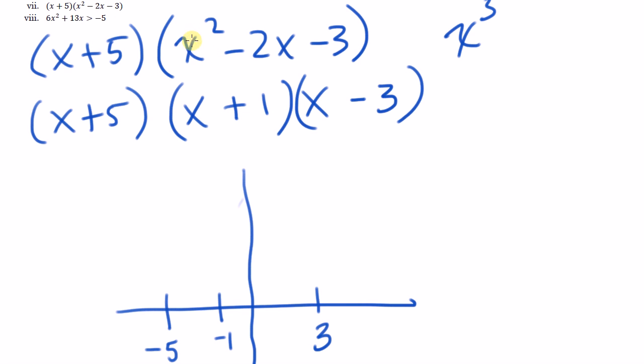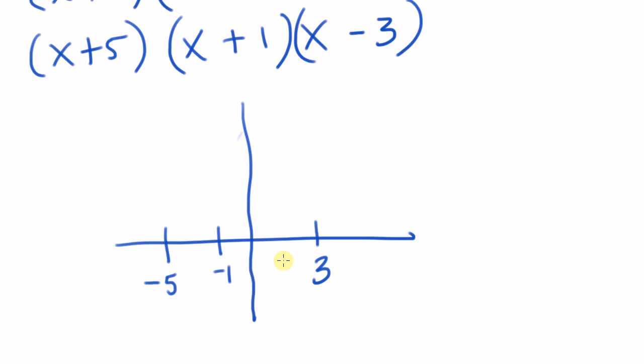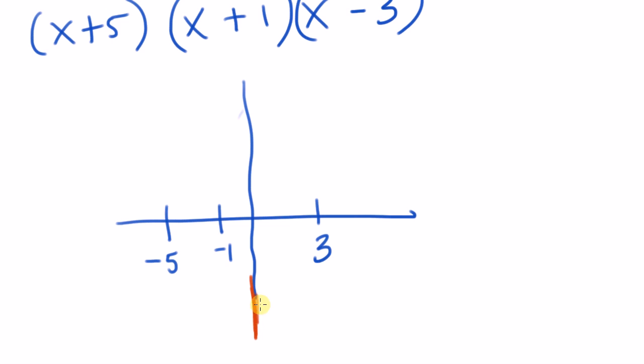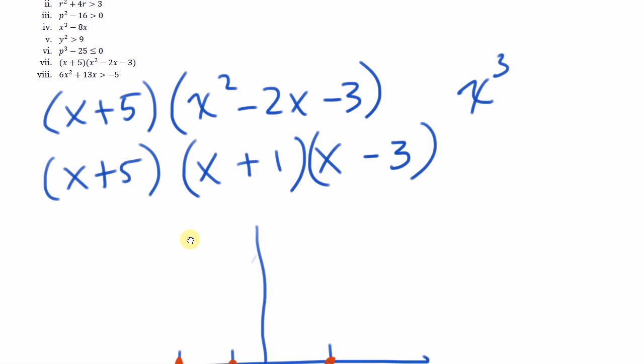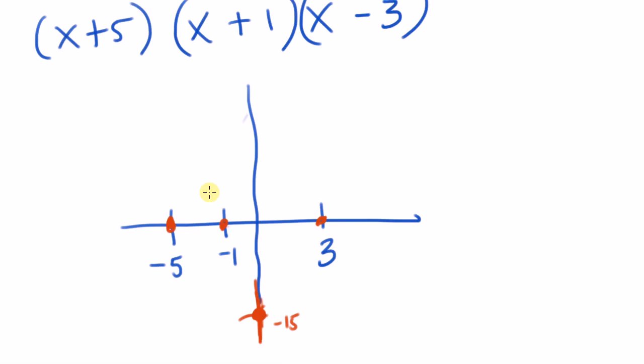So this would be x is 0, 0, 0, that's negative 3, 0, that's 5, 5 times negative 3 is negative 15. So we'll just put it in down here, negative 15, but it really doesn't matter. It's cubic, and it is positive cubic.